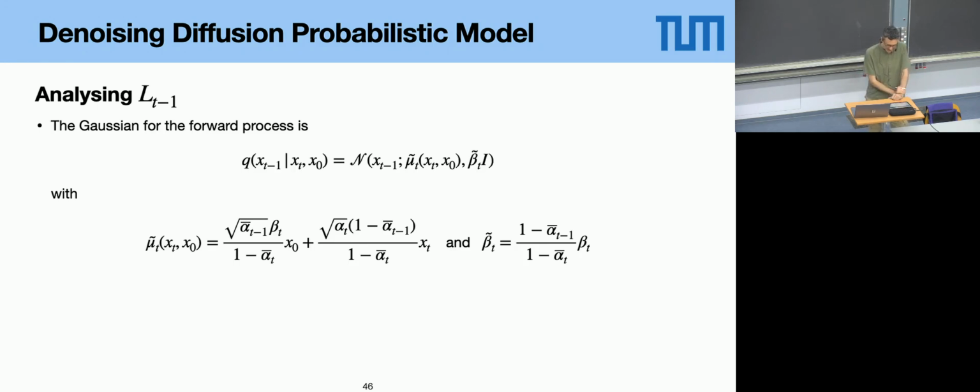This is the typical objective. And the different factors that we get out here do look a bit unintuitive. We have all kinds of combinations of these alpha bar terms.